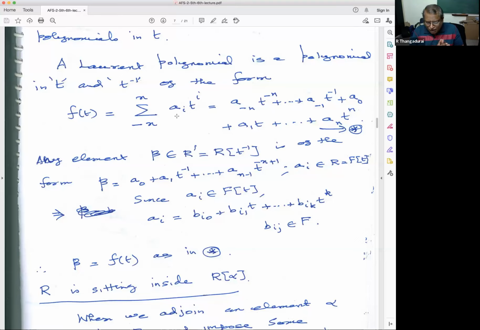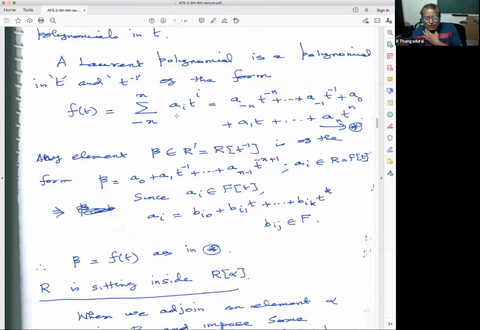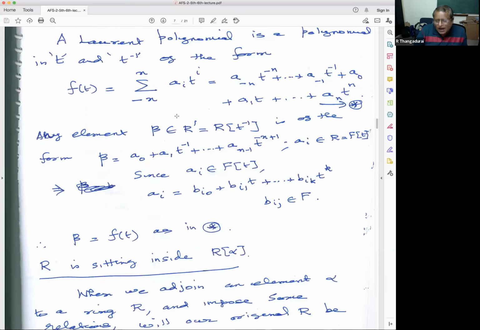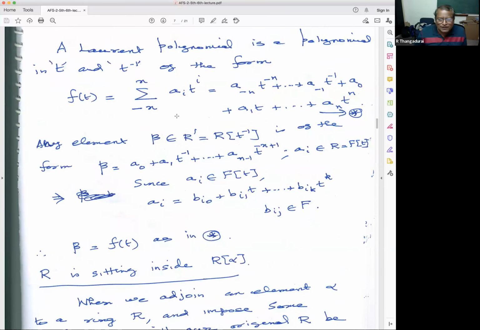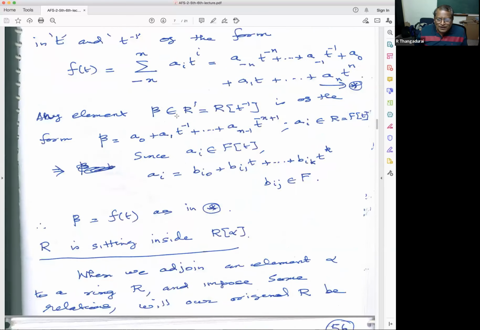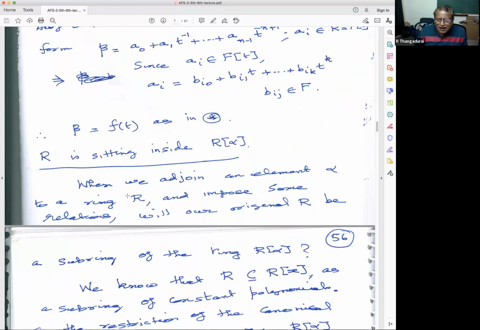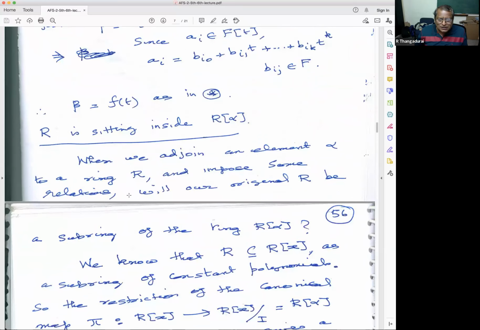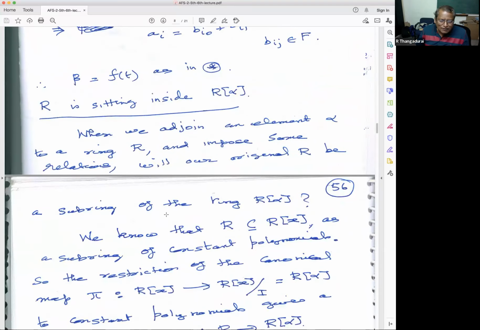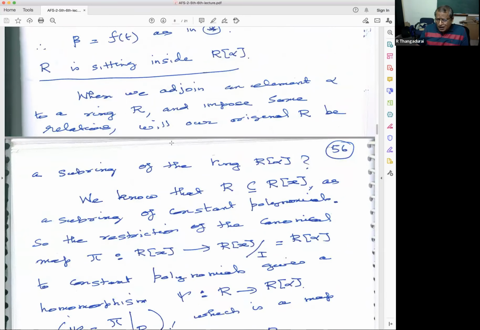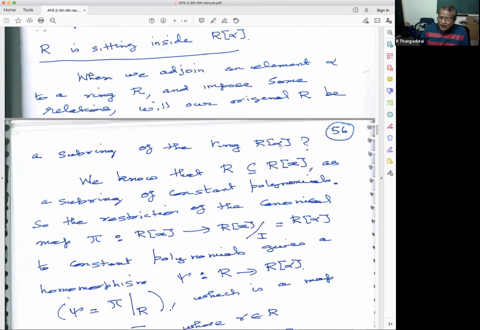That is R of alpha. Okay. So here we have not yet proven that R is really sitting inside R of alpha. So far we have not proved it. When we adjoin an element alpha to a ring R and impose some relation, will the original R be a subring of R of alpha? Original R is a subring of the ring R of alpha.